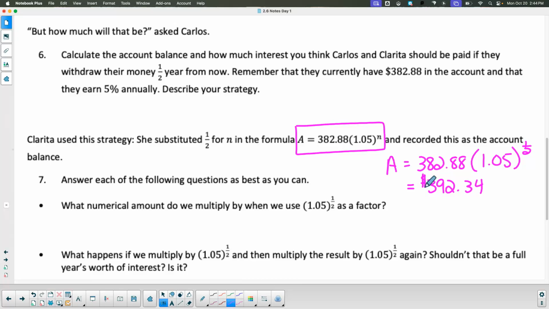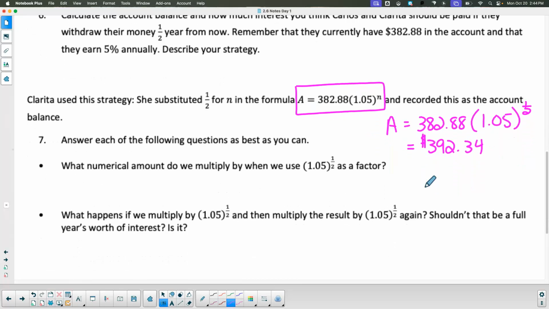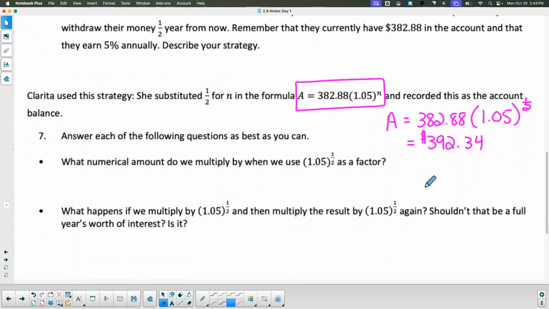What happens if we multiply that? So now on your calculator, multiply your answer by 1.05 raised to the 0.5 power again. And what do you get?